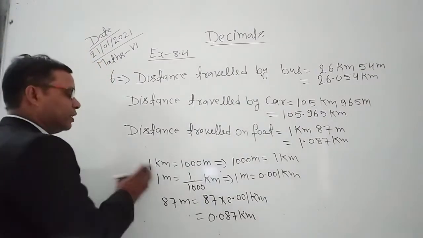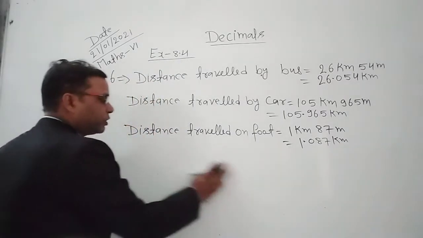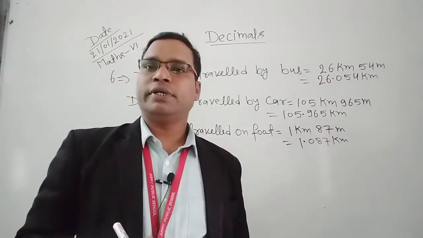Now we need to add them. Then we find the total distance traveled by Dravid.